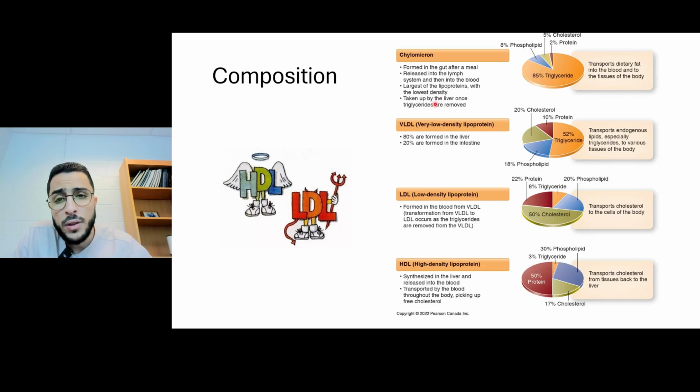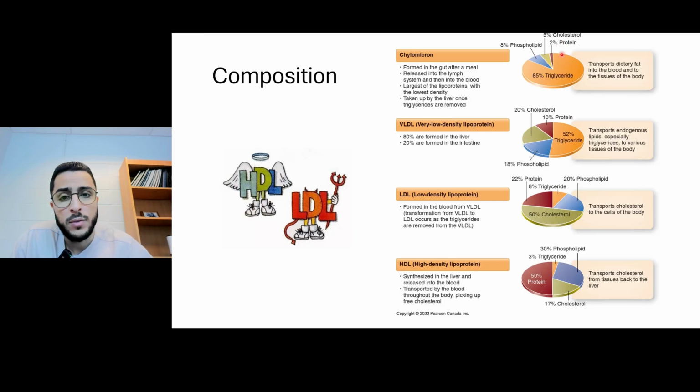Then in the liver, the kilomicron remnants, so the remaining portion of the kilomicron with less triacylglycerides, will form the VLDL. And this happens, part of it in the intestine because of the triacylglycerides that get metabolized in the intestine already, but the major part of it is in the liver. And these will travel from the liver to other parts, like for example, the muscle cells and the adipose tissue.